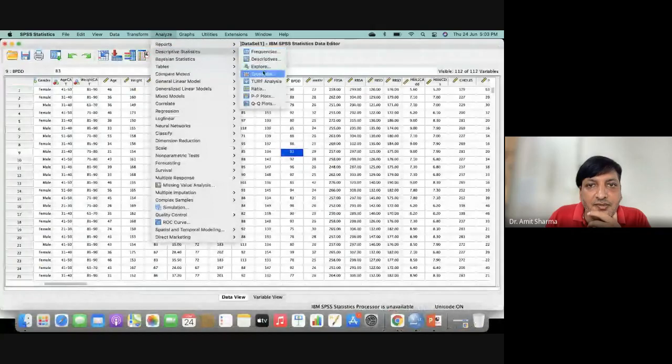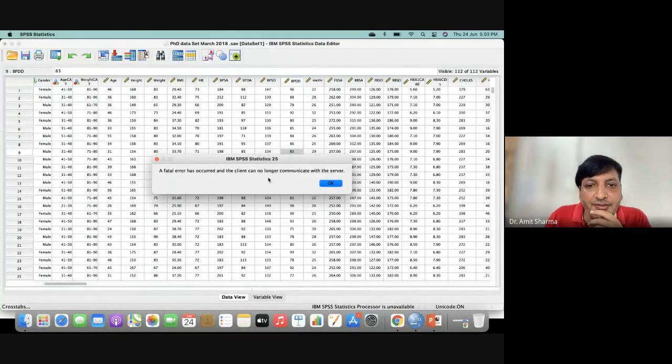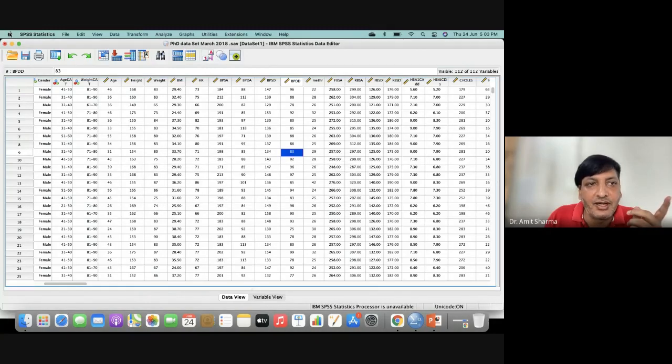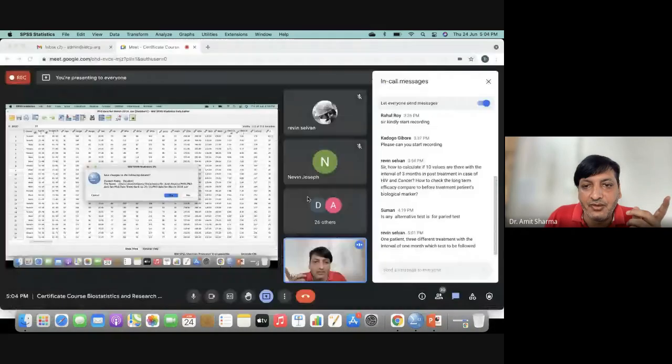Analyze, descriptive, cross tab. You must have data in data editor to complete the action. Okay. A fatal error has occurred, see, I have not waited. The software was working and I have shut down my window. Due to that, the error has occurred. So I have to force quit. Then only it will work.